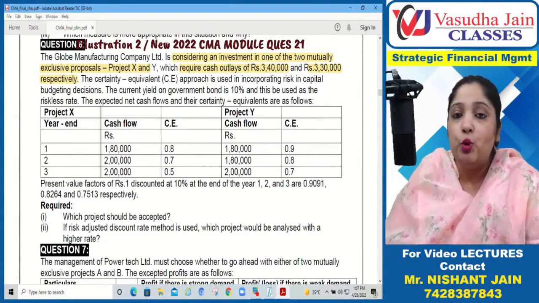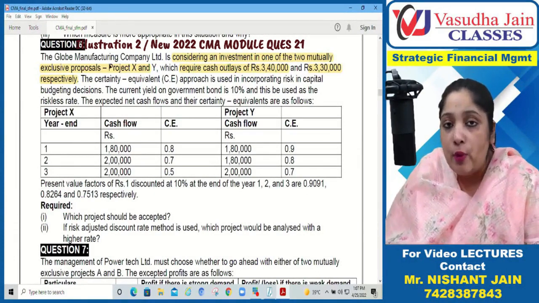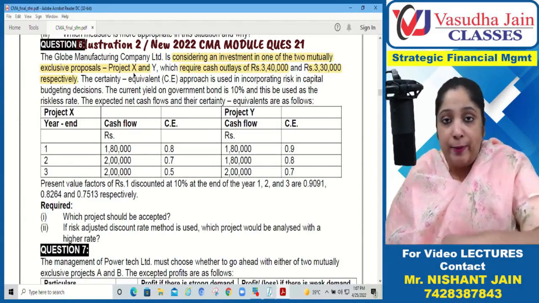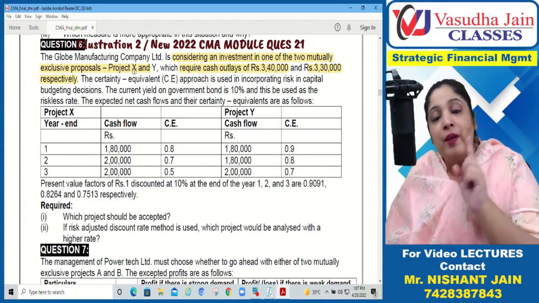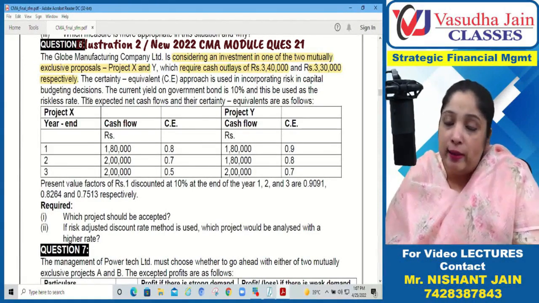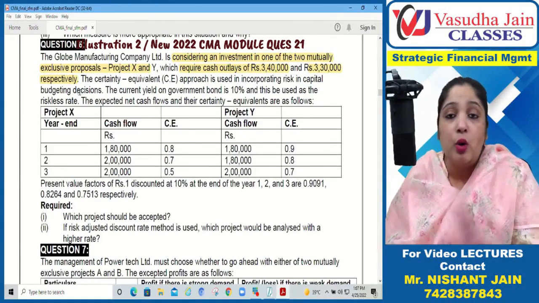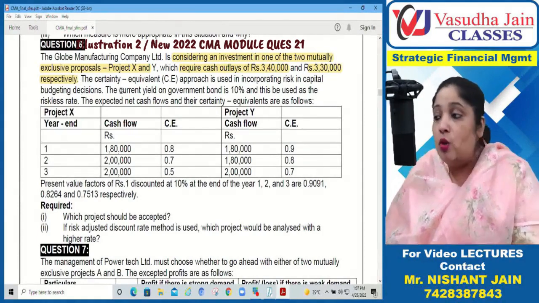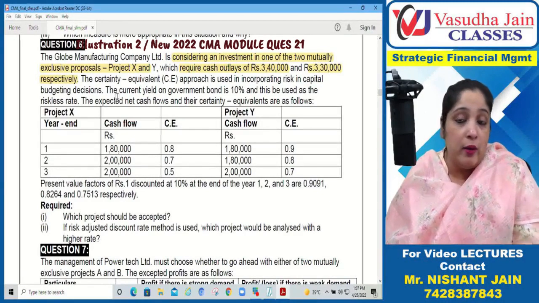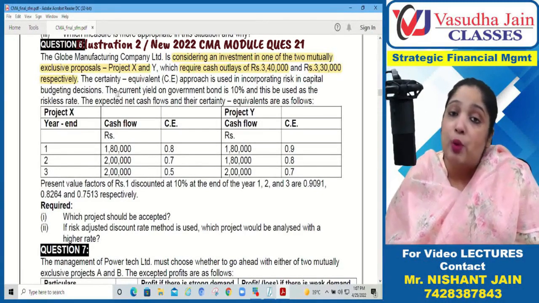Now, what are mutually exclusive proposals? Mutually exclusive proposal means that if you accept proposal X, Y will be automatically rejected, and if you accept Y, X will be automatically rejected. Basically, both cannot coexist together. You have to make an investment in either X or Y, not both.